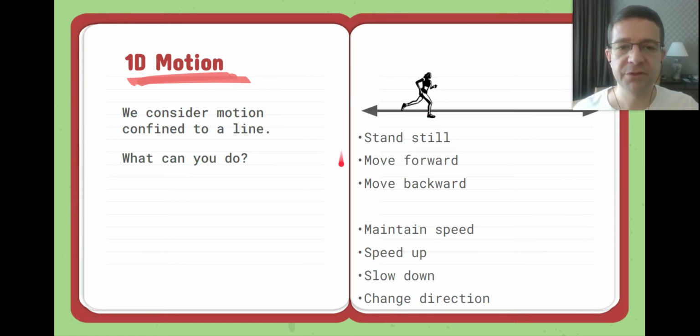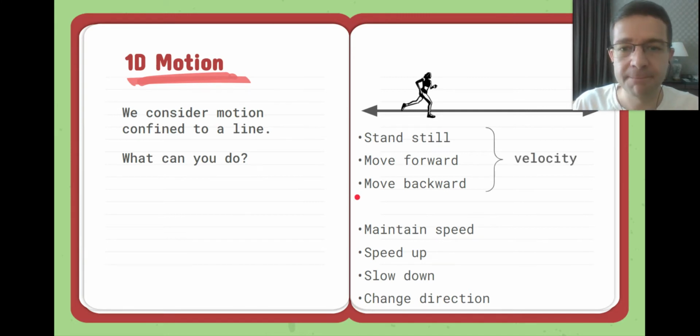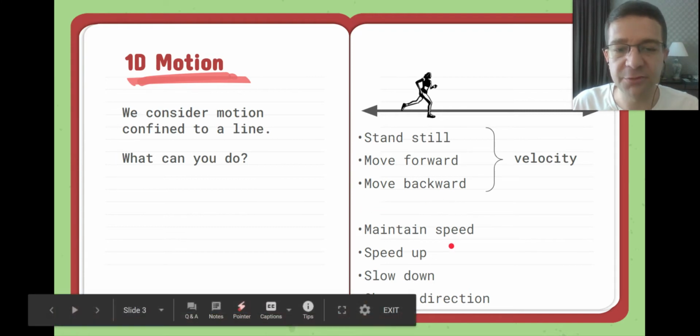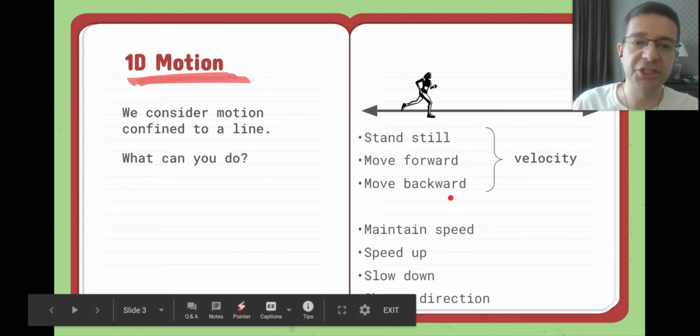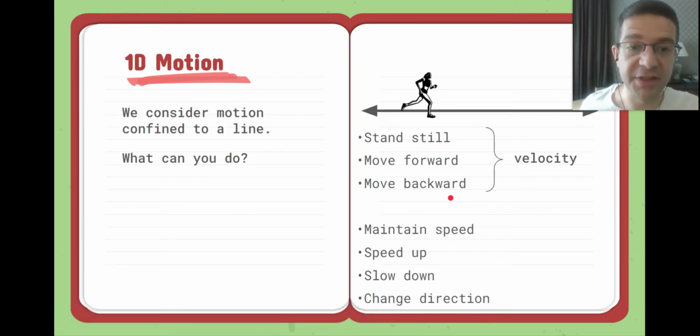I've grouped them, so we have things that describe standing still, moving forward, moving backward. These are all phrases or words that are associated with the velocity, how a person is moving. You might also think about maintaining your speed or speeding up or slowing down or changing direction from moving down the track to moving the other way.